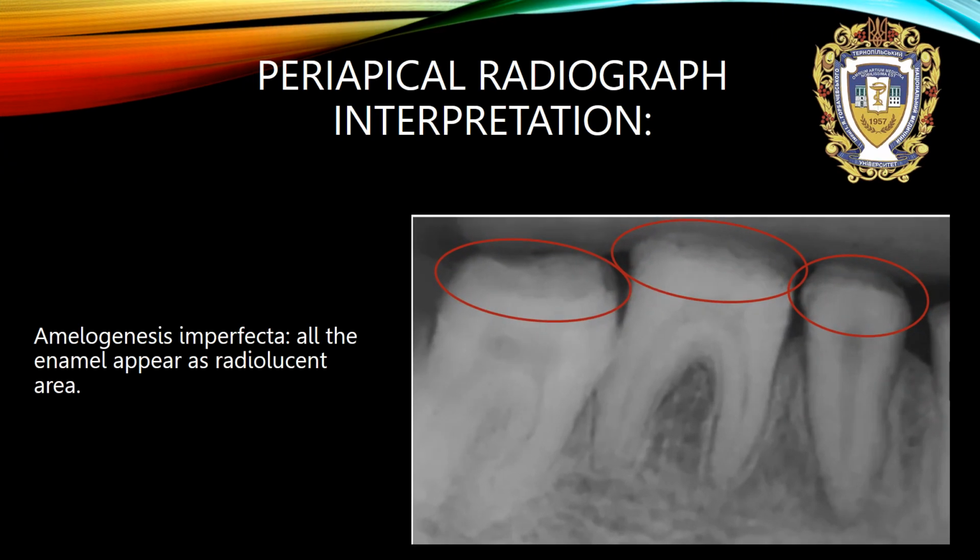Amelogenesis imperfecta: all the enamel appears as a radiolucent area. Moreover, a wrong shape of crown parts, not the typical shape of crowns.